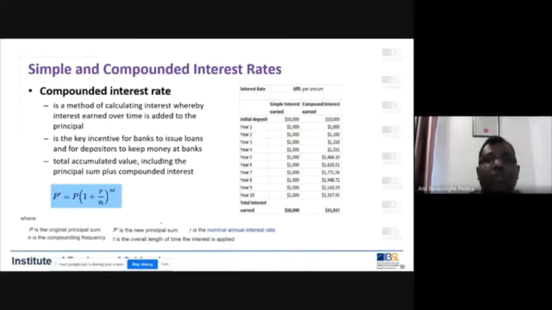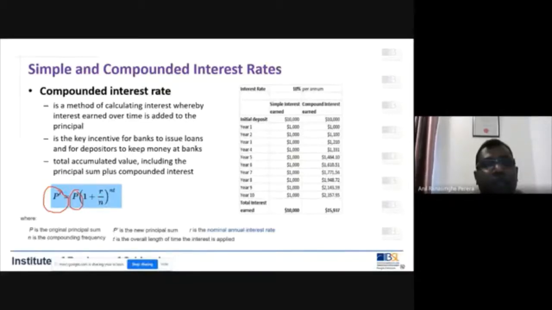The total accumulated value, including the principal sum and compounded interest, can be calculated by this formula. P prime is simply the new principal sum. P means basically the original principal sum. How do you get it? From the original to the new principal, you take this compounding part, 1 plus R divided by N, raised to N into T. R means simply the nominal interest rate.